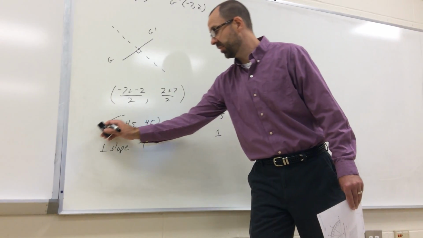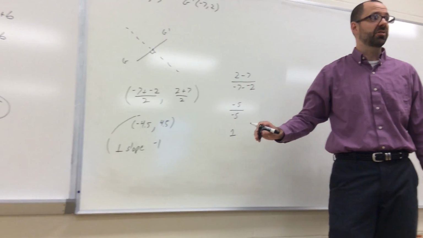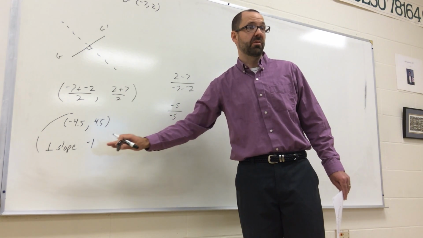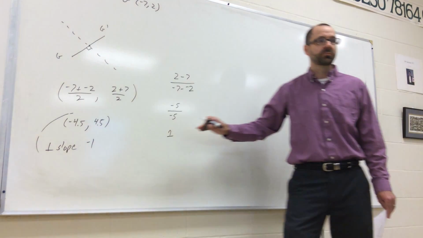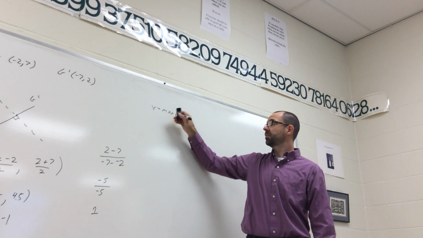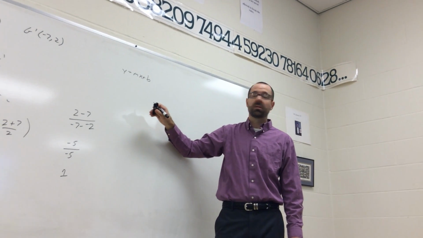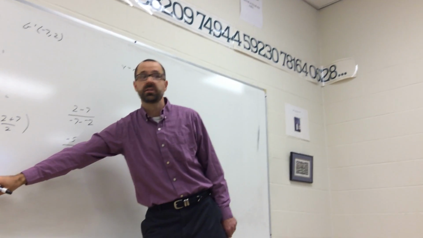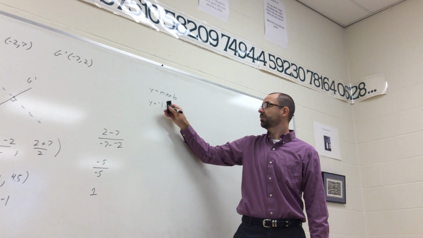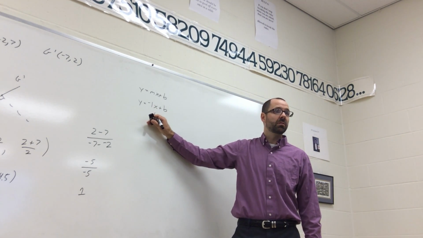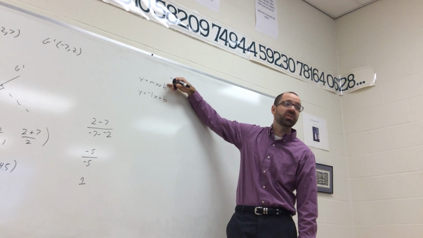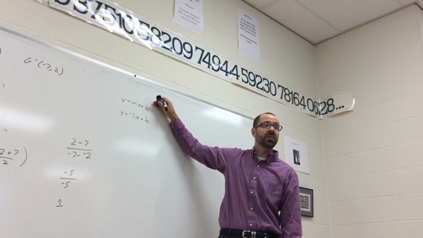Okay, so here I've got everything I need to figure out the answer. I've got a point that the reflection line goes through, and I've got the slope of the reflection line. So now I'm going to turn to y equals mx plus b. And the slope is -1 for the line I'm trying to find. This is an equation that works for every single line.